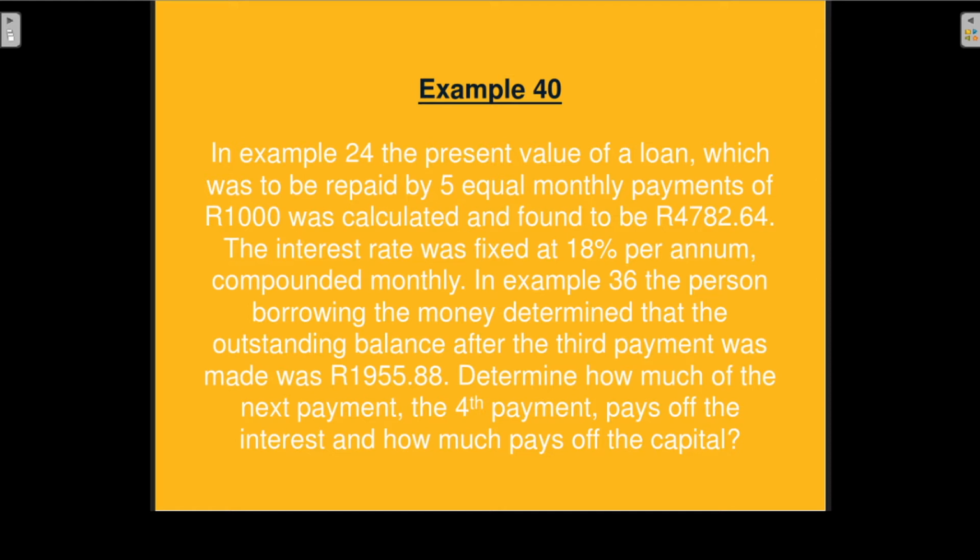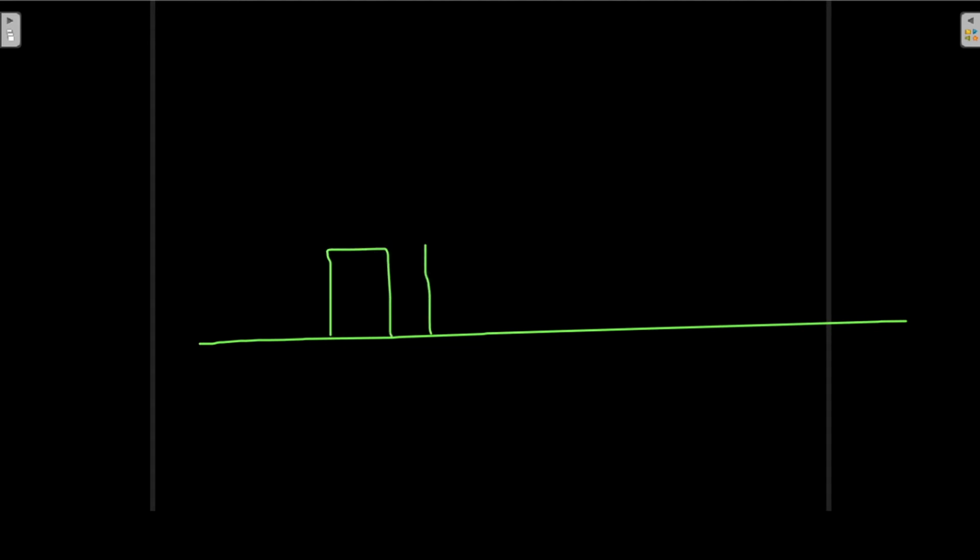Now, before we do that, just to explain this whole idea of the two parts of a payment again. Suppose that we have these 5 payments of 1,000 rands each. This is just a rough drawing of that.